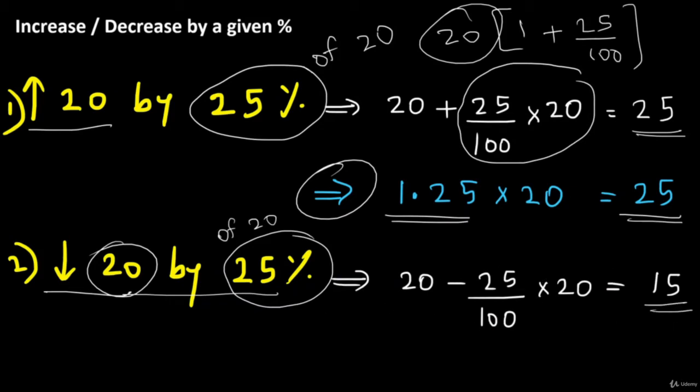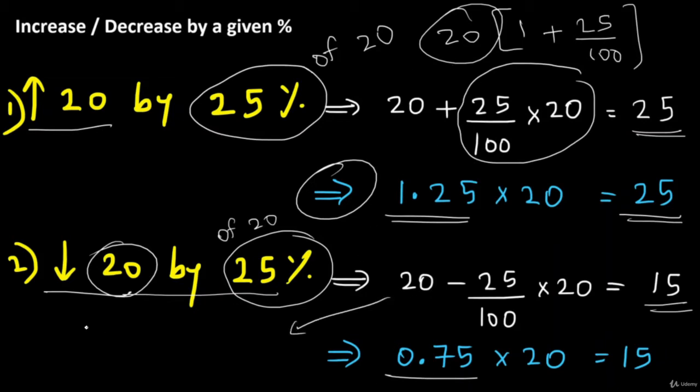Now you can do this also as 0.75 into 20, which gives you 15. Now how do you get this 0.75? It's the same process that we followed over here. Take out 20 from this expression over here as common. So over here you're left with 1. 20 by 20 is 1 minus, and over here you took this 20 out, so you're left with 25 by 100.